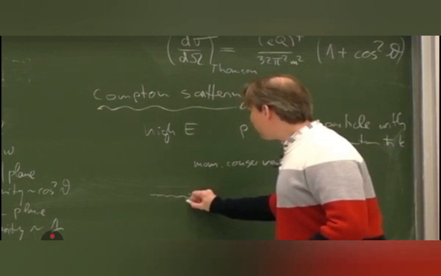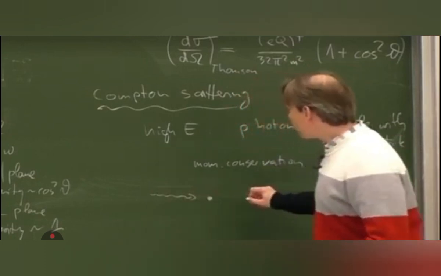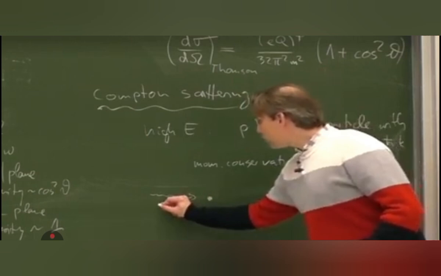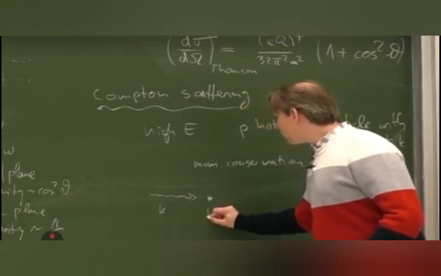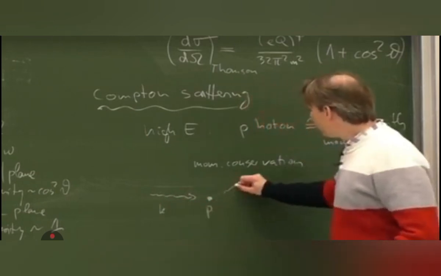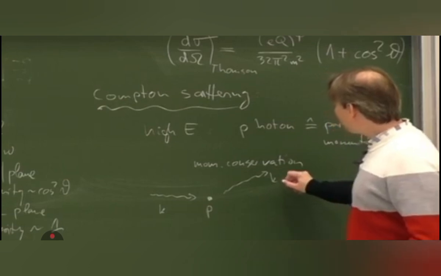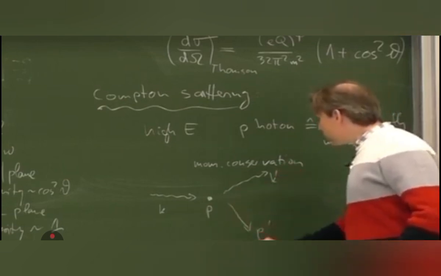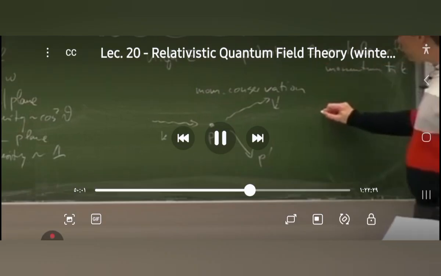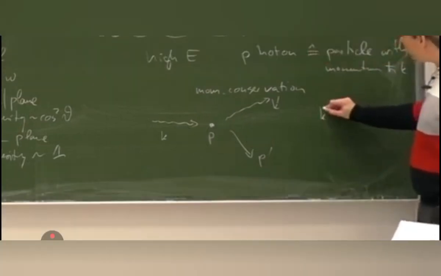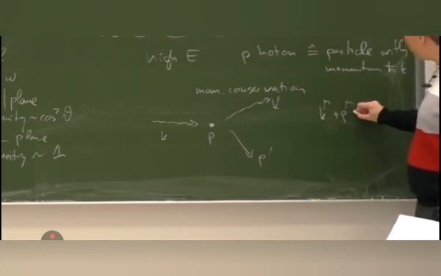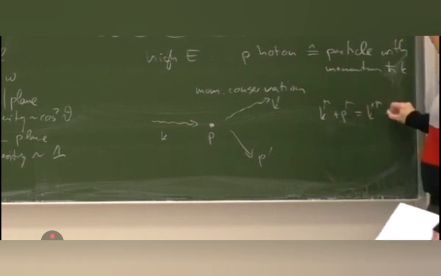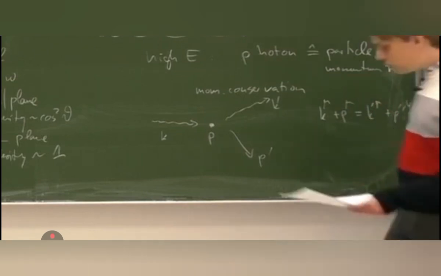We have here a photon. Here we have a charged particle. First, the photon has momentum k. The charged particle has momentum p. Afterwards, the photon has momentum k prime, and the particle moves here with momentum p prime, and we have four-dimensional momentum conservation: k^μ plus p^μ equals k'^μ plus p'^μ. And from that, of course, we get the frequency shift.